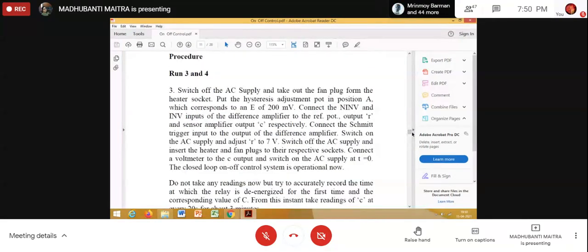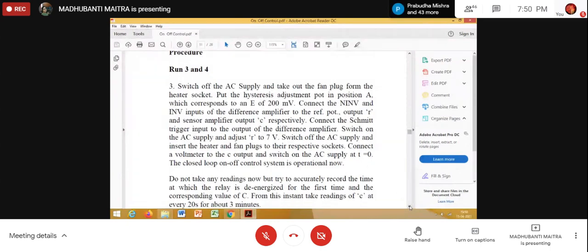Now in this case, for run 3 and 4, we have put the hysteresis adjustment port in position A, and the value of E is 200 millivolt. That means ideally the excursion should be from 72 degree to 68 degree. When the temperature of the plant reaches 68 degree, the heater will be on, and the temperature will start increasing.